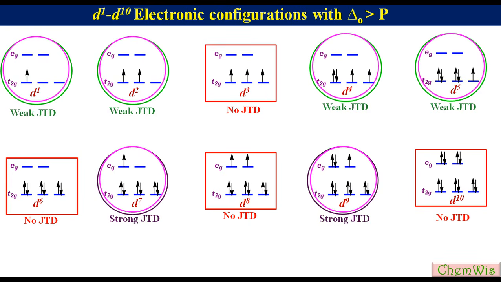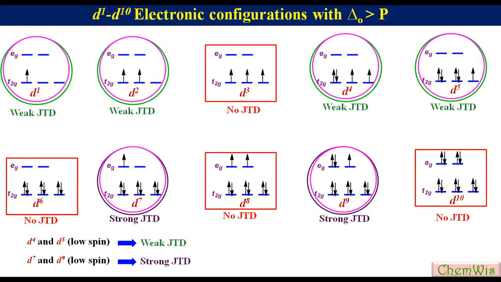Here, delta O is greater than pairing energy, which is the low spin condition. So we can say that d4 and d5 low spin octahedral complexes show weak Jahn-Teller distortion, while d7 and d9 low spin octahedral complexes show a strong Jahn-Teller distortion.